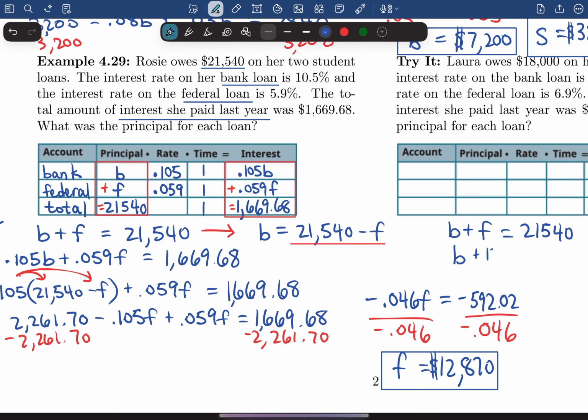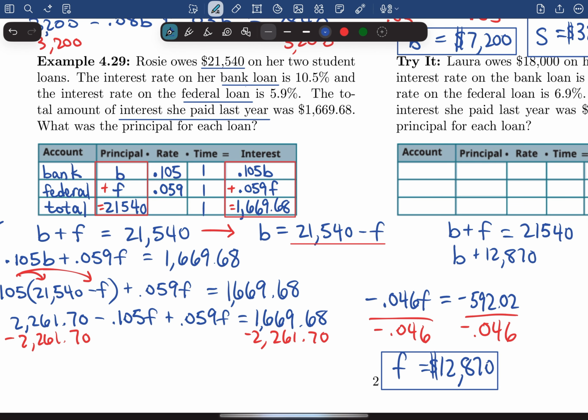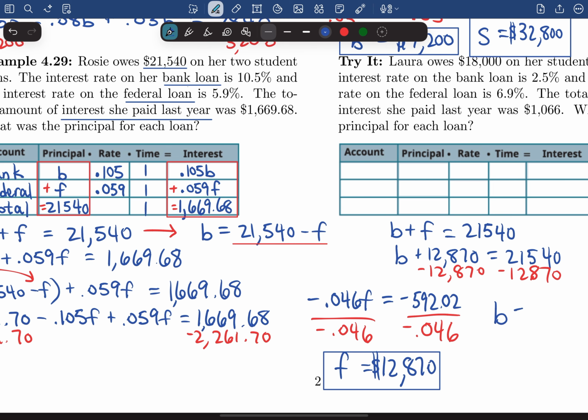B plus 12,870 is equal to 21,540. And then we simply subtract that 12,870 from left to right. And we find out that B is equal to 8,670. And B represents the bank loan.